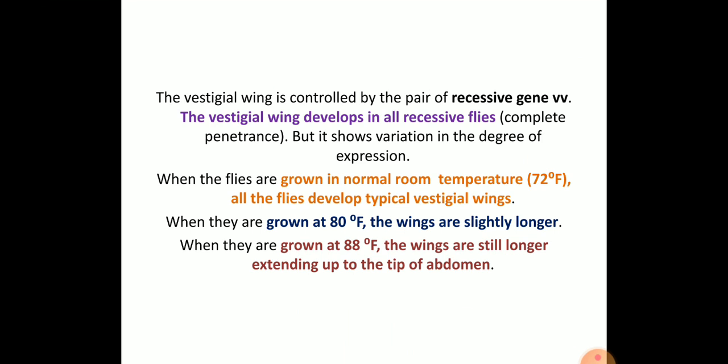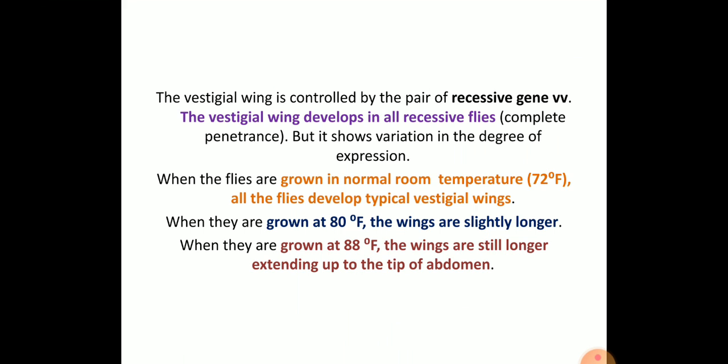The recessive gene is written as a small letter, small v, where the vestigial wing will be developed in the recessive flies. That is how small v is expressed. When you grow these flies at normal room temperature, 72 degrees Fahrenheit, the flies develop typical vestigial wings. Remember the temperature. Now when they are grown at 80 degrees Fahrenheit, the wings are slightly longer, so they will be normal type.